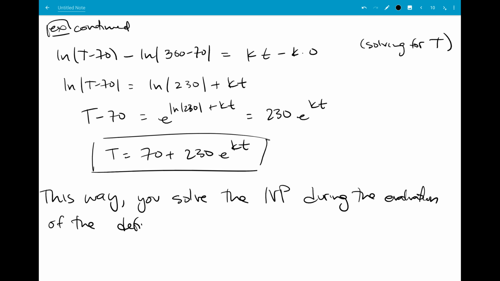During the evaluation of the definite integral is when you end up solving the IVP using this method. So you can pick the method that you prefer. You need initial conditions for this to work.